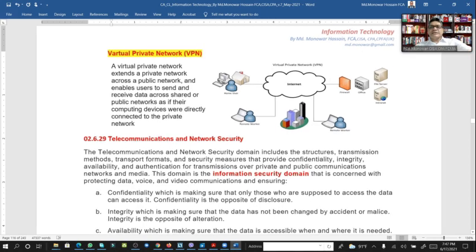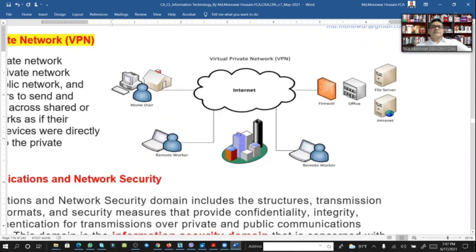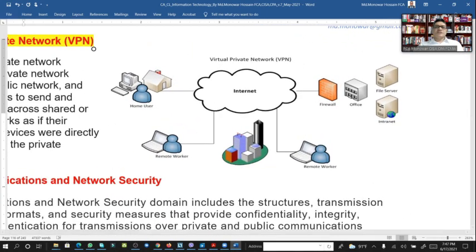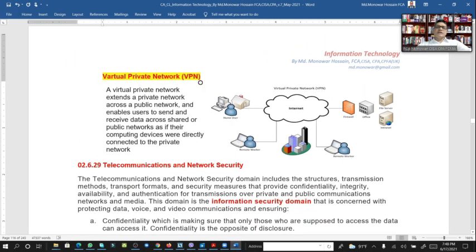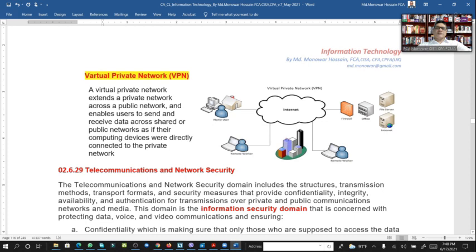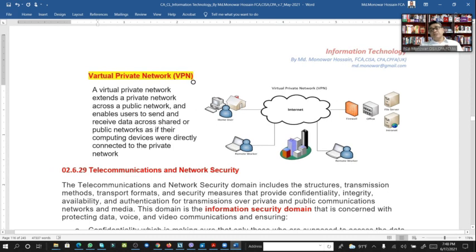So through the internet, here one user is at home and another is working in a remote area, protected from viruses using a firewall, and using the office file server and internet, all within the private network. Within the private network we use a specific password, and after authentication we enter our network.